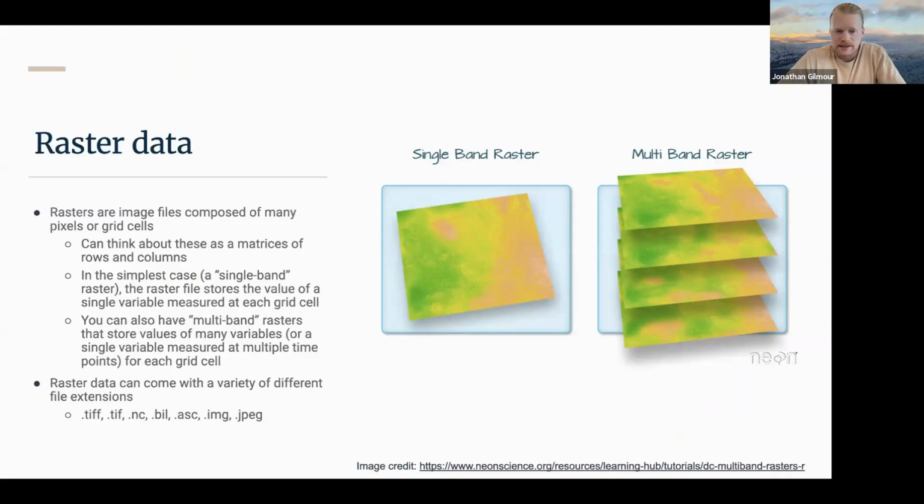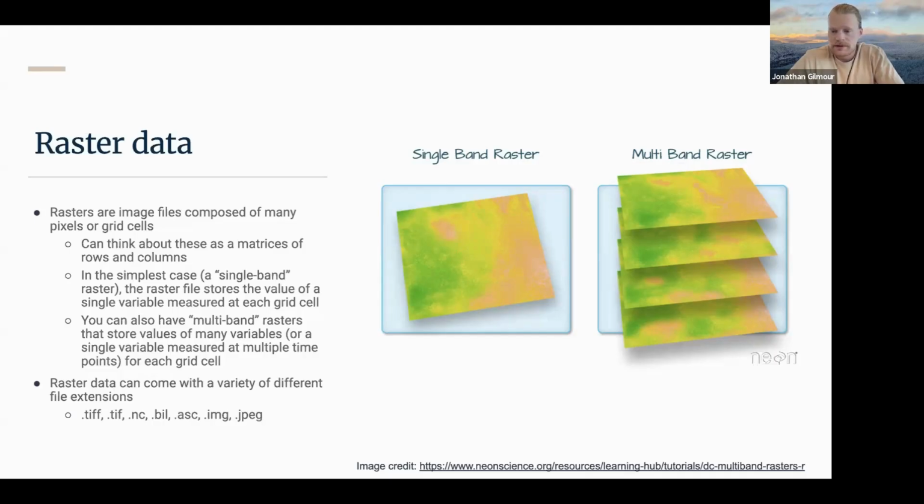So a single band raster is the simplest, which stores the value of a single variable in each cell. If you think about the projections of future heat stress in Australia, that was a single band raster.